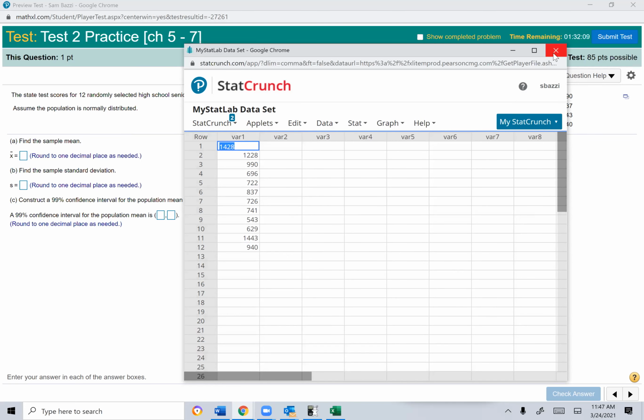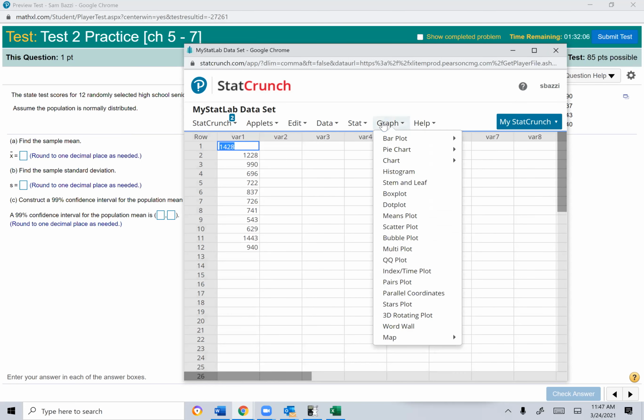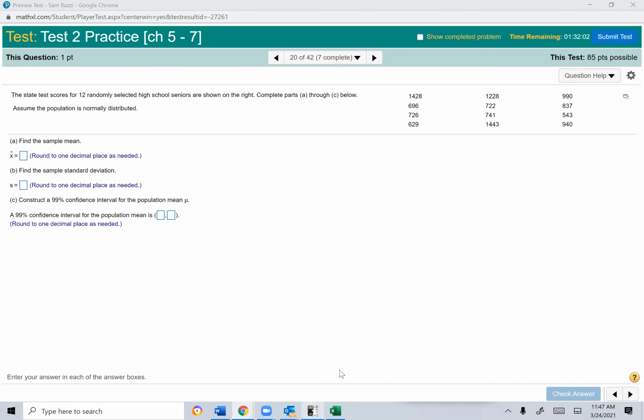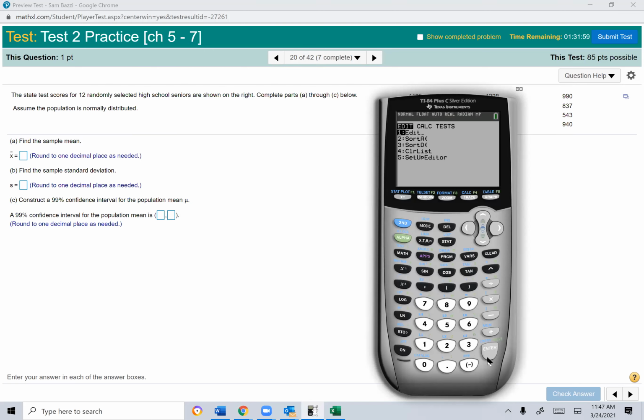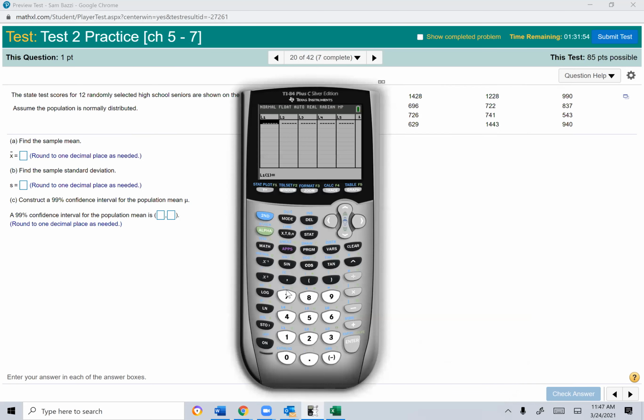How would you use this one using the calculator? Look what you have to do, guys. So let me just close this, bring the calculator up. You have to enter the data, first of all. I'm not going to do it, but I'm just going to show you how to get it started. Just put the data, start 1, 4, 2, 8, etc. Put the other values, 696, all of them. To answer the first part, look what you do, guys. You go to stat, calc, one variable statistics, and just calculate.